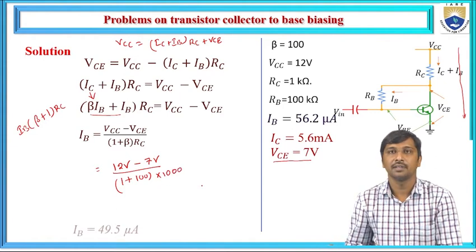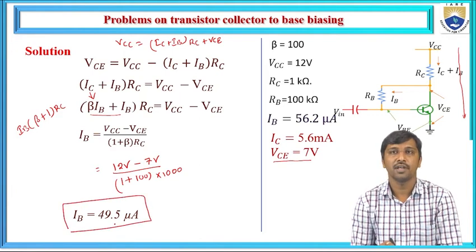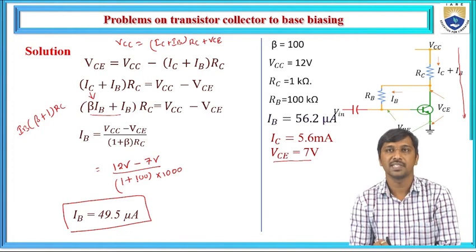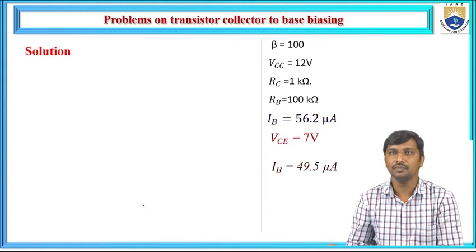If you solve this, the base current IB is 49.5 microamperes.